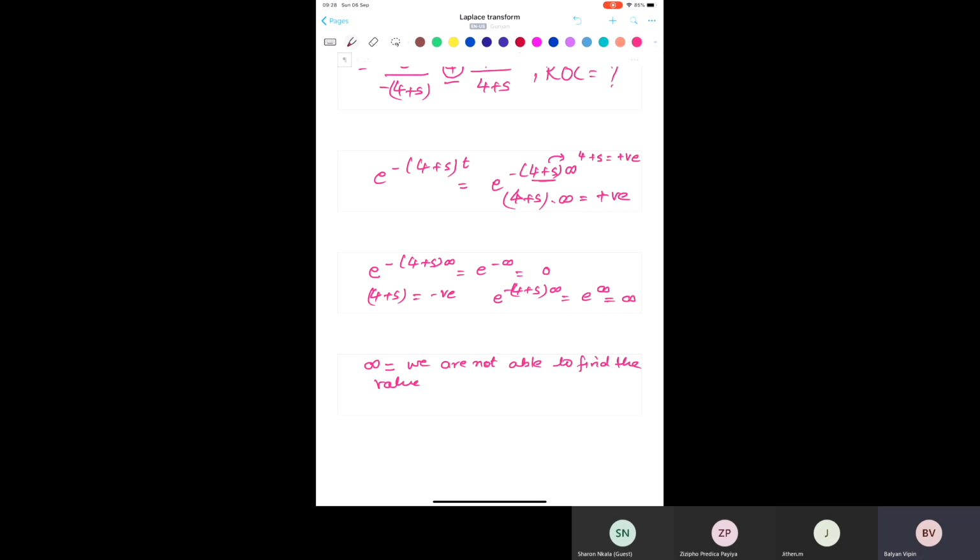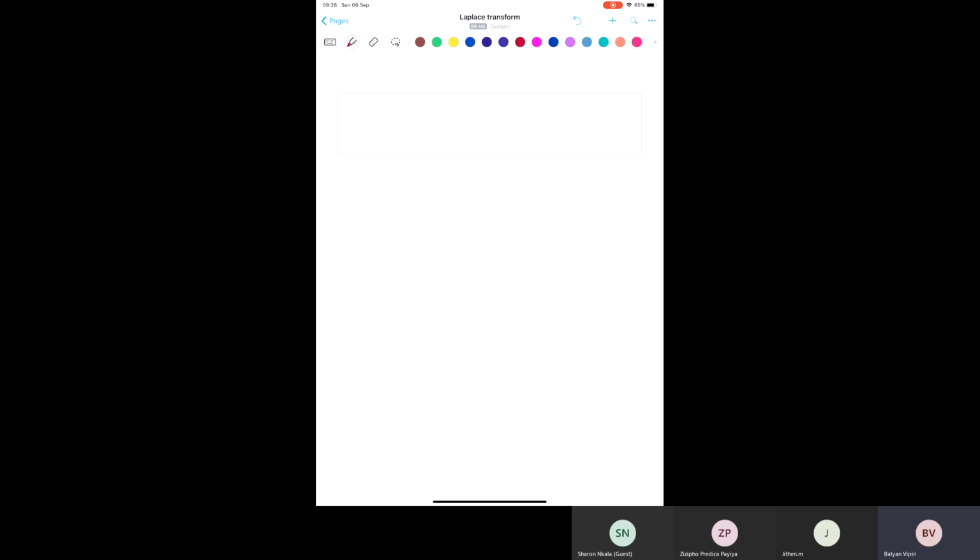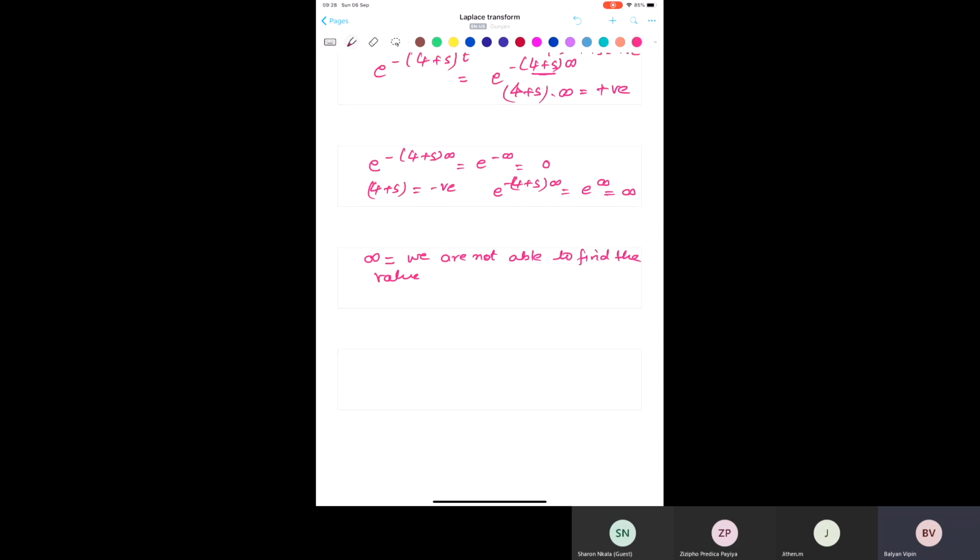So that means in order for this signal to converge, we need to impose a condition on it. And what's that condition? That 4 plus s must be positive, or in other words, s plus 4 or 4 plus s, whatever it is, should not be greater than or equal to, sorry, should be greater than 0.